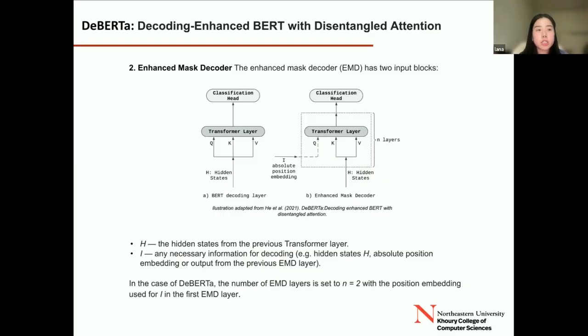If so, they are constructed with the rule that the output of each EMD layer is the input I for the next EMD layer. And the output of the last EMD layer is going to be fed to the language model head. So in the case of DeBERTa, the number of EMD layers is set to n equal to 2, with the position embedding used for I in the first EMD layer.